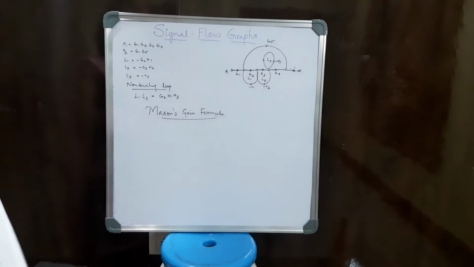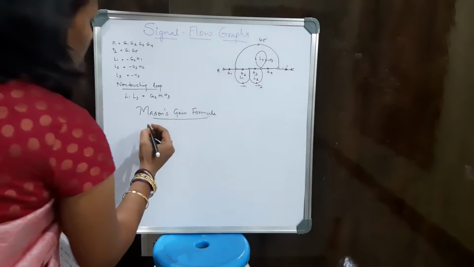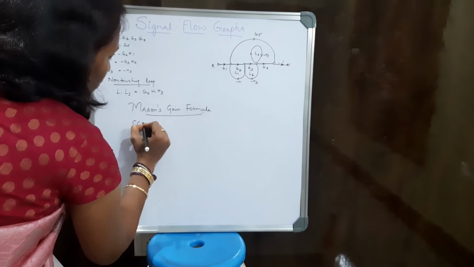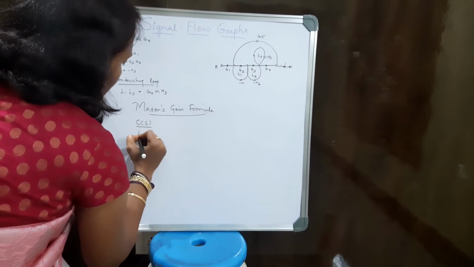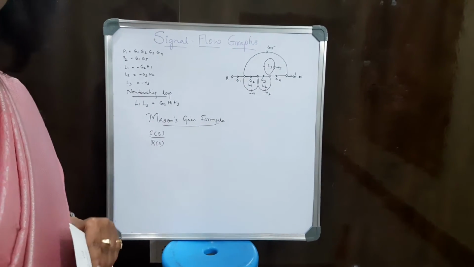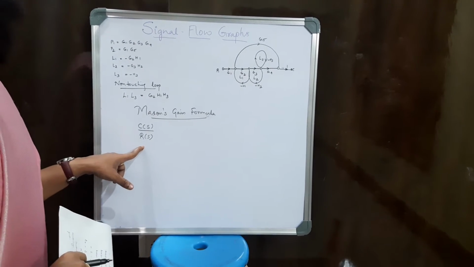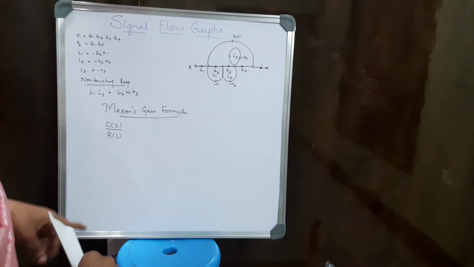So Mason's gain formula is used to find the overall transfer function C of S by R of S. So we all know the definition of the transfer function. A transfer function is defined as the ratio of Laplace transform of output to the Laplace transform of input when all its initial conditions are set to 0.